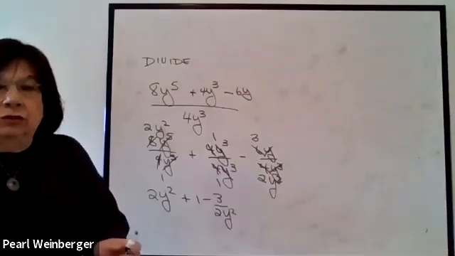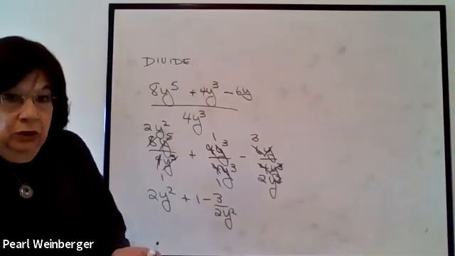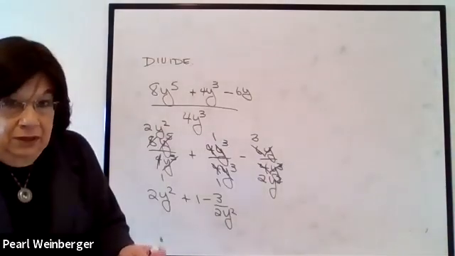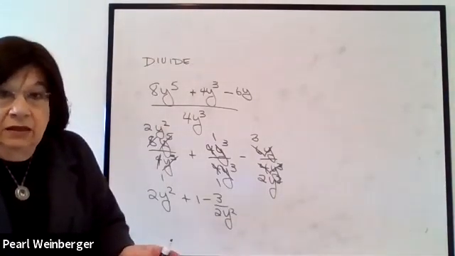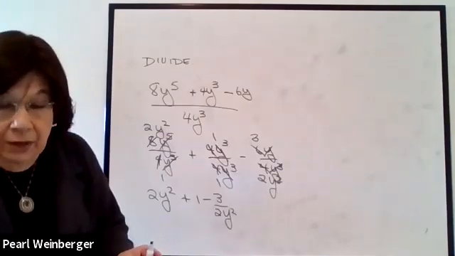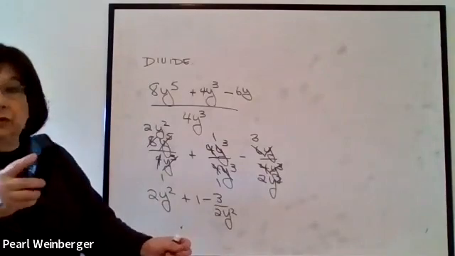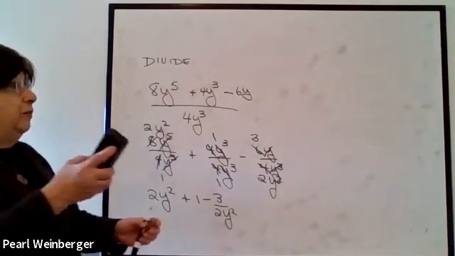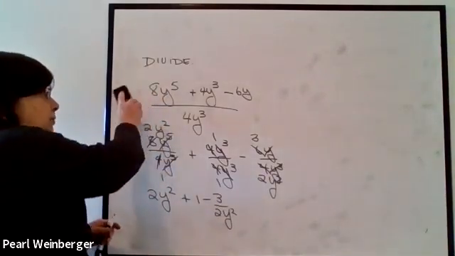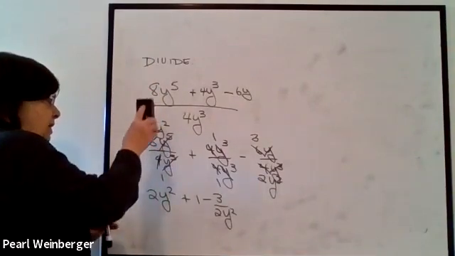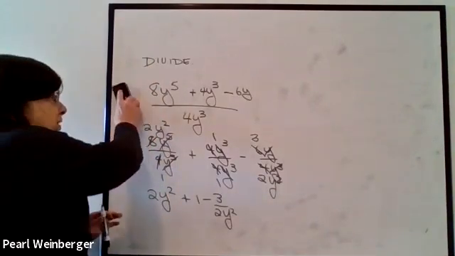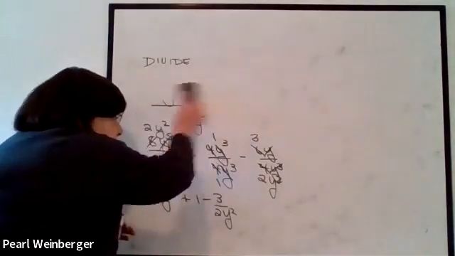Okay. All right, so let's go back to what's more important, and that is dividing a polynomial by a polynomial. We had done a couple of those. I want to do a couple more and then give you one to try, and then we'll say we're finished with chapter 5 and go on to chapter 6.